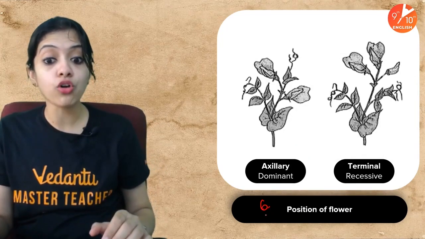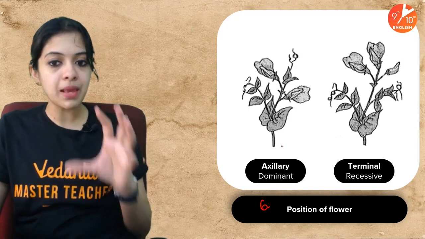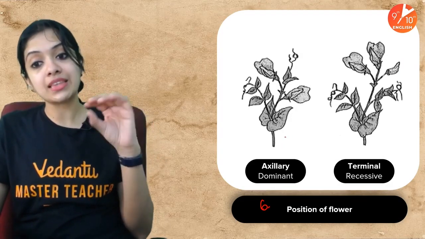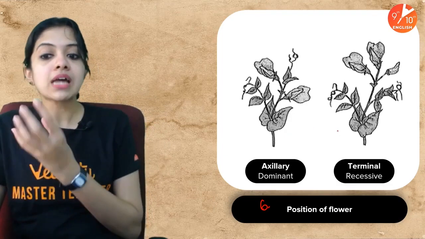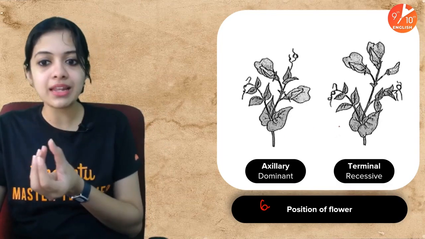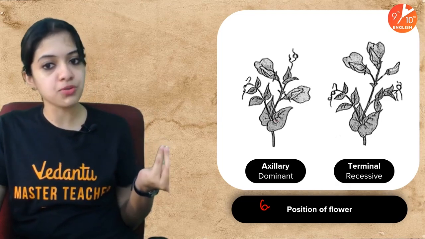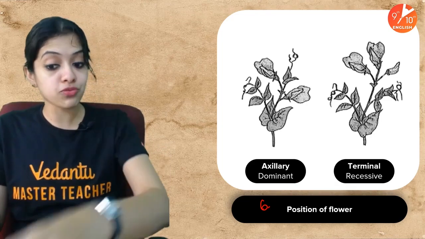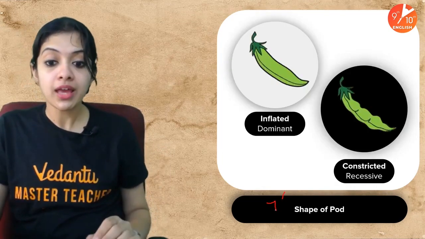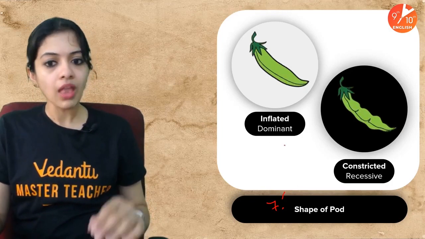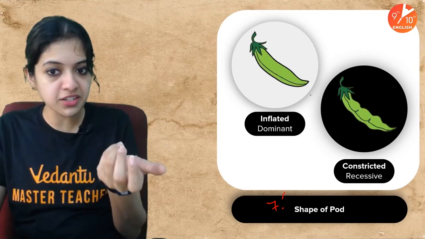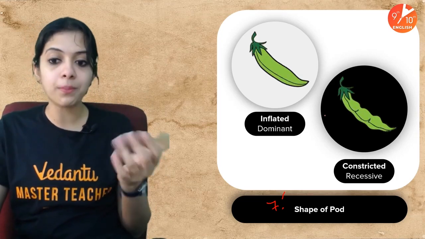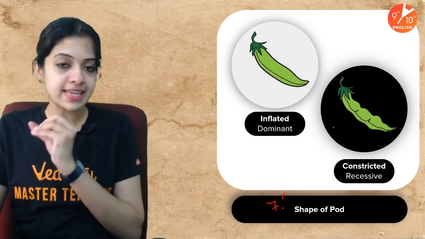Then position of flower. He noticed that in pea plants, flowers could either be axillary in position, which was dominant to terminal flowers, terminal in position and axillary in position. Okay, so this is about flower position and about shape of pod, in which inflated pods, look at the difference in shape, were dominant over constricted seed pods.